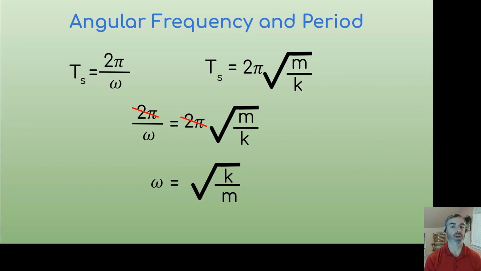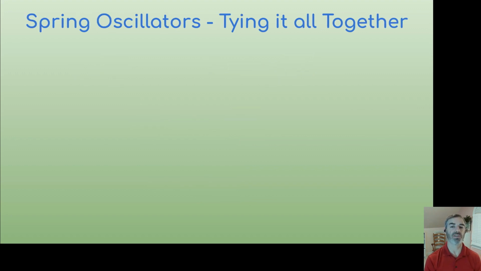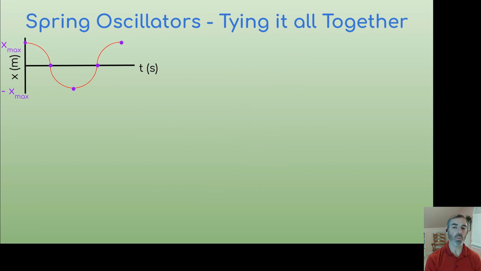So this is important. We're going to tie this all together from the previous video and this current video. If we go back to our original graphs of position time, we know that the x max is just the amplitude, or how far the spring was stretched or compressed, and we derived this equation, x is equal to A cosine omega t.